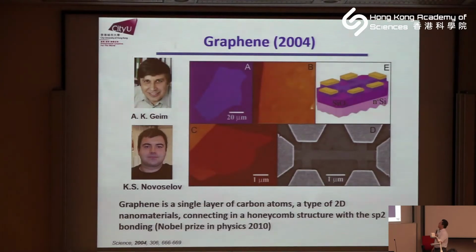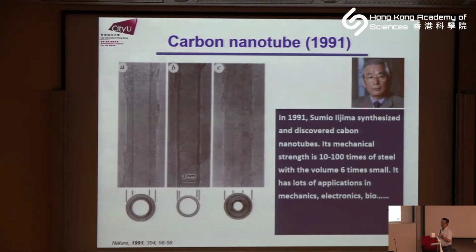And later, even back in 2010, this is a sad story about Professor Etching, because if you follow the history of the Nobel Prize, the three-dimensional carbon object called the buckyball, the inventor for the buckyball got the Nobel Prize.